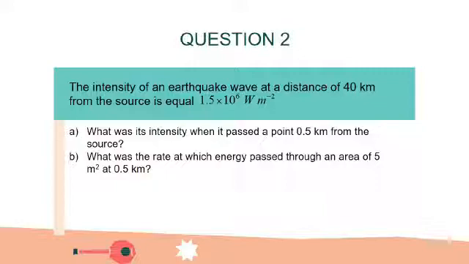Question A. What was its intensity when it passed a point 0.5 km from the source? Question B. What was the rate at which energy passed through an area of 5 meters square at 0.5 kilometer? Please attempt this question.